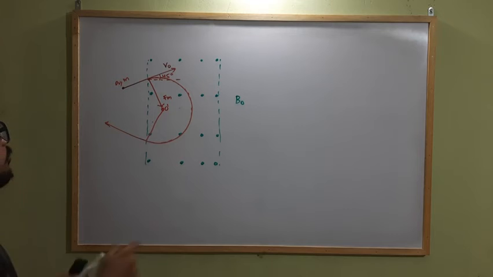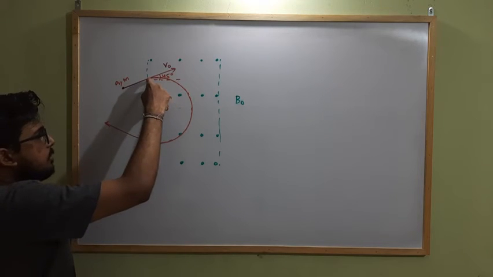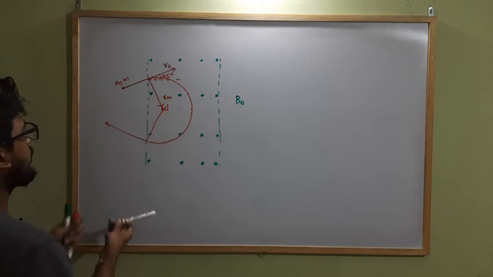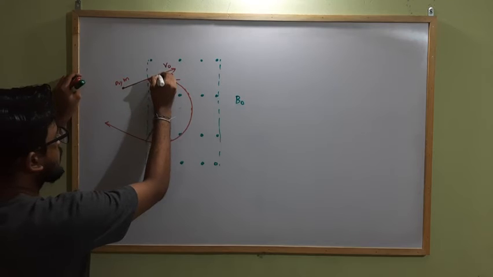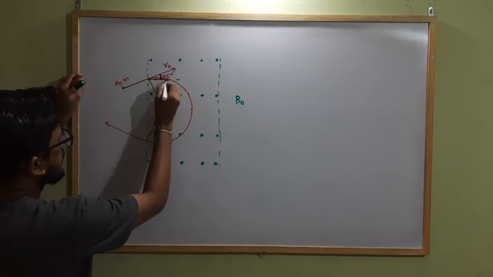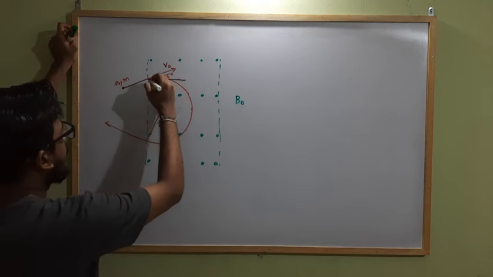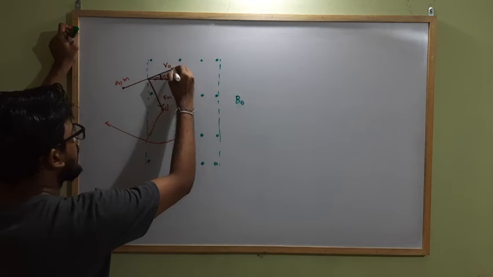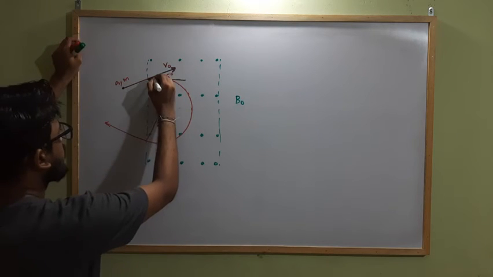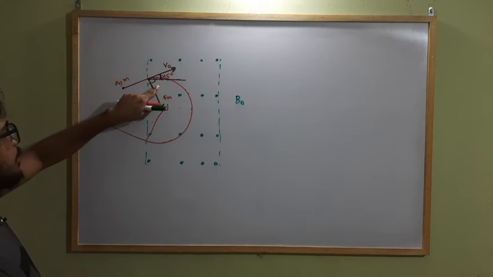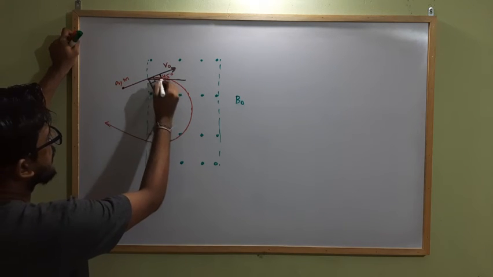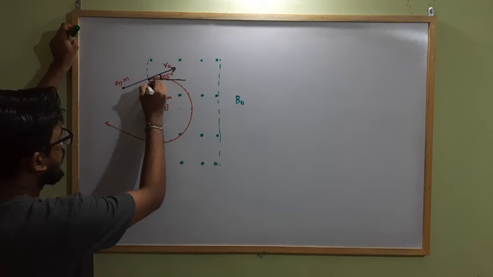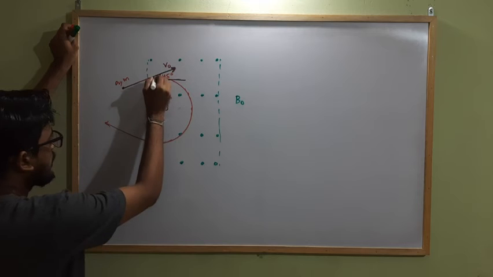So we have to find the time in which the charged particle covers this much of the circular path. As this angle is 45 degrees, this is horizontal, and this is the radius of the circular path. This is the tangential direction of velocity. So the angle between the radius and the tangent will be 90 degrees, and this is the horizontal which makes an angle of 45 degrees, and this is perpendicular to the same vertical line.